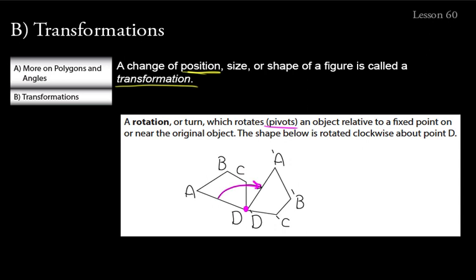But it could also be rotated about an origin or some other location as well. And just comparing that to a translation and a reflection, you can tell it's not just slid. The new polygon is not just slid to a different location where everything moves the same distance. And it's obviously not a mirror image of the original polygon there.